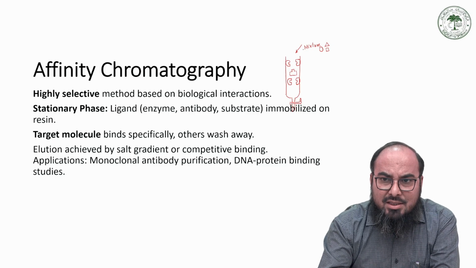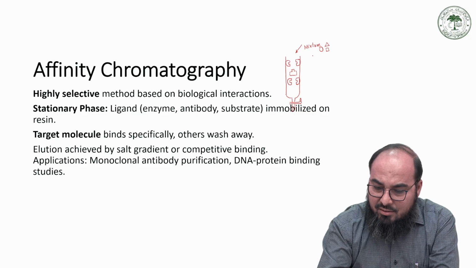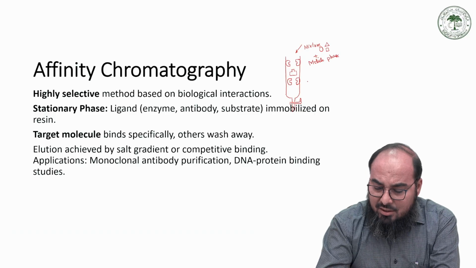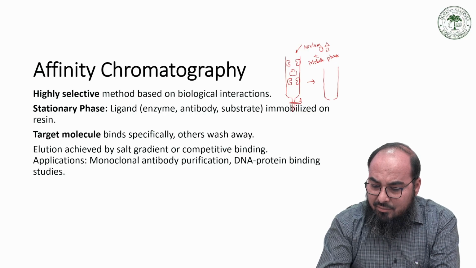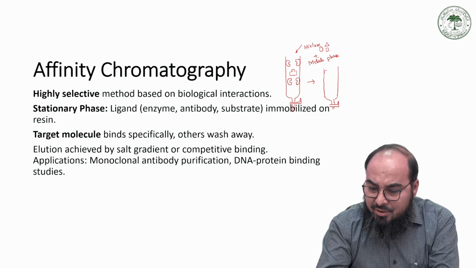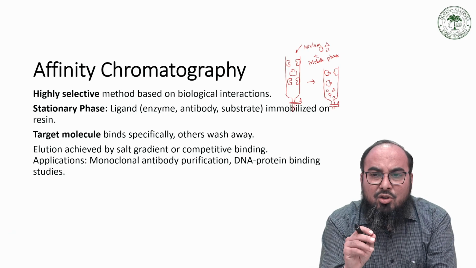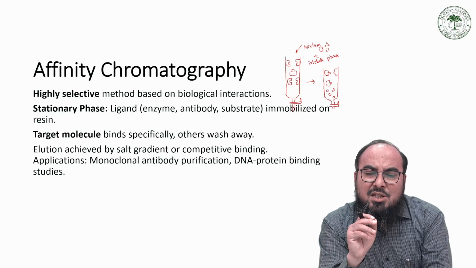Then when you pour this mixture along with the mobile phase, those which are square in shape get trapped, while the other ones go through as such. So here you can see that elution occurs in a very specific manner.